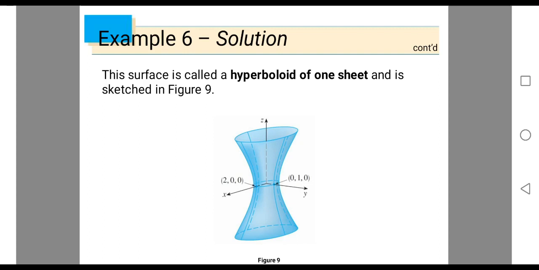In figure 9, it says that the surface is called hyperboloid of one sheet. Now, why is it called hyperboloid of one sheet? Well, we can understand that it is forming a hyperbola, right? But what is this one sheet concept? It is in a concrete form.